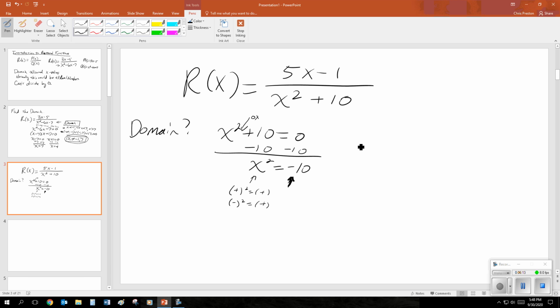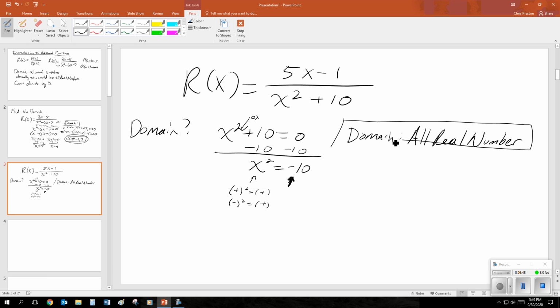So what's my domain in this case? My domain is all real numbers. Remember, that is where we're starting from. We're starting from the idea of all real numbers, and then we're seeing if there are any real numbers that would cause us a problem. In this situation, there aren't. It doesn't factor. And if we just look at it, there's no way you can plug a real number in here and get something that you could add to 10 and get 0. So this domain is all real numbers.